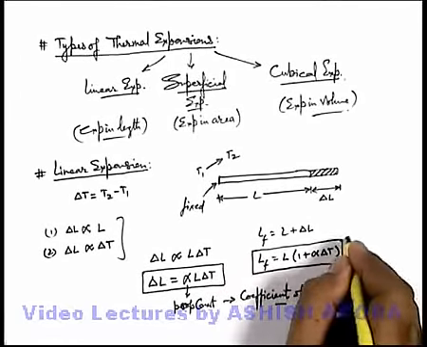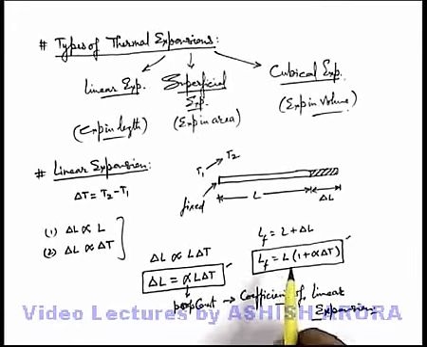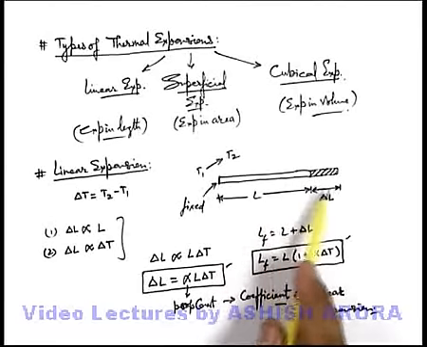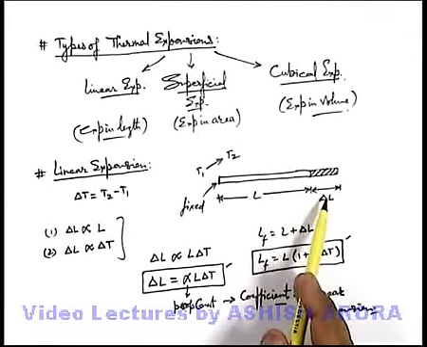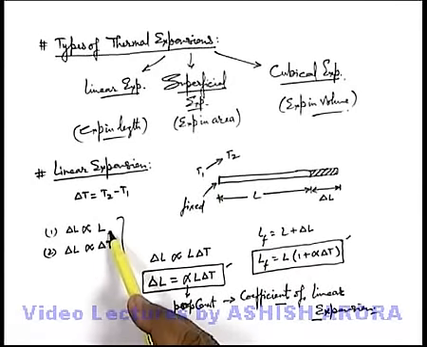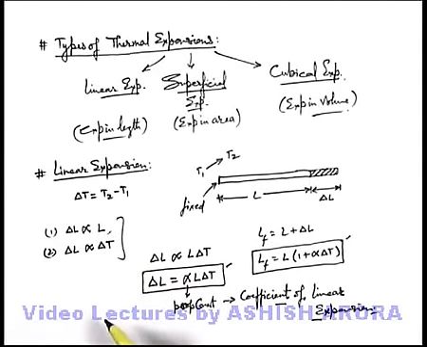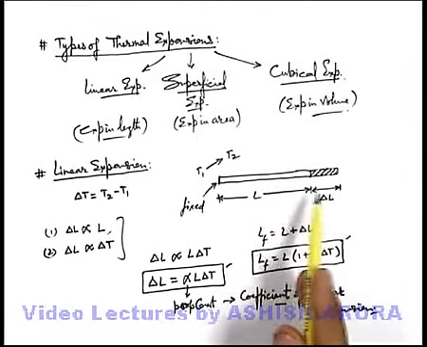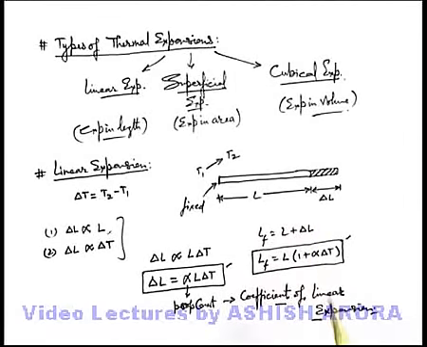You must be careful about the results that expansion and length of a substance depends on the rise in temperature as well as the initial dimension of the substance, and mainly dimensions and length are considered for solid objects, not for liquids.